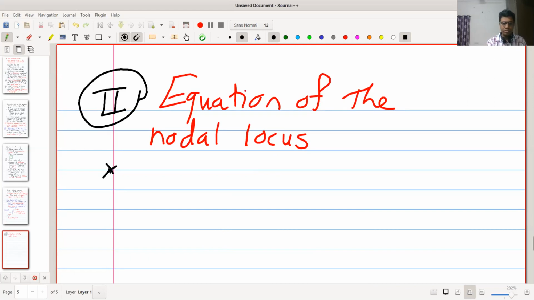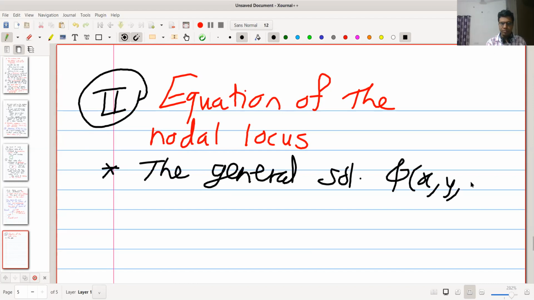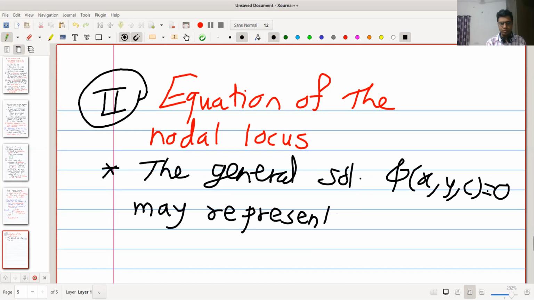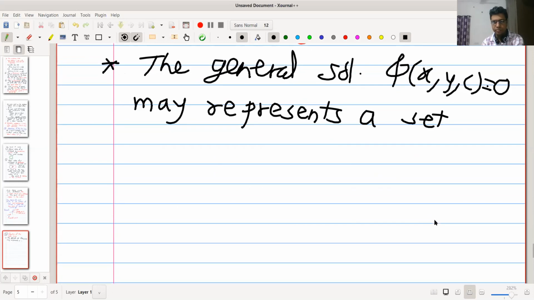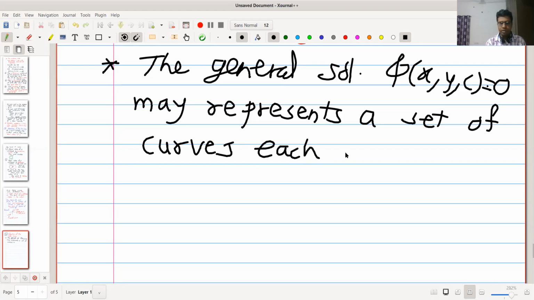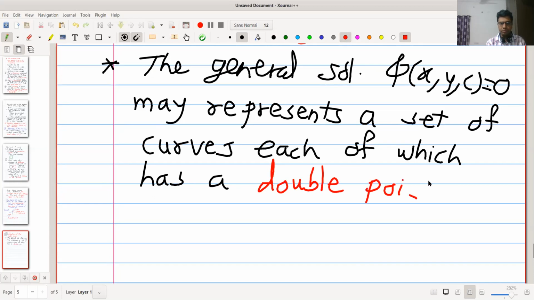The general solution phi of x y c equal to 0 may represent a set of curves each of which has a double point. That is cusp. That is node.